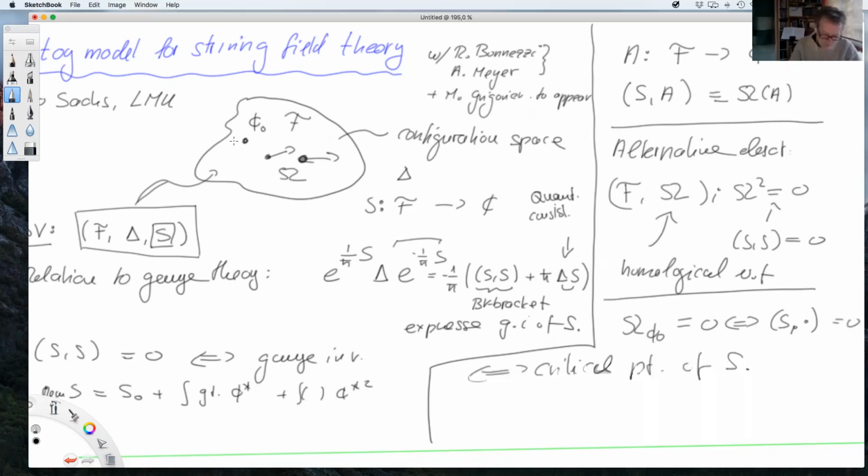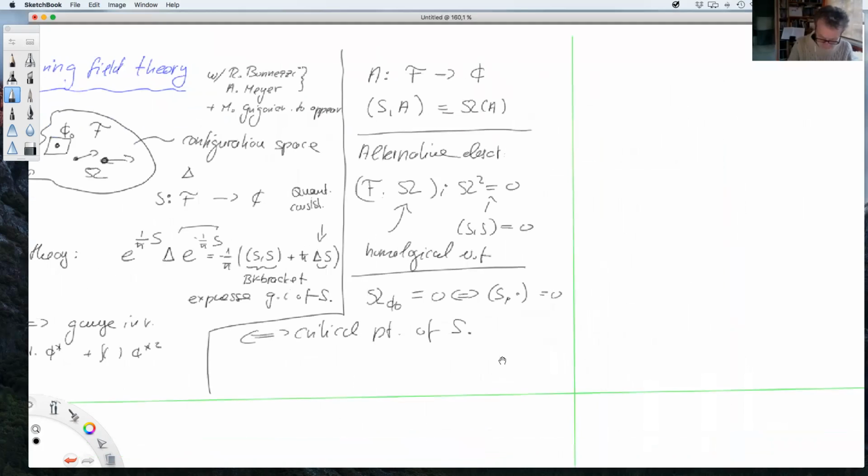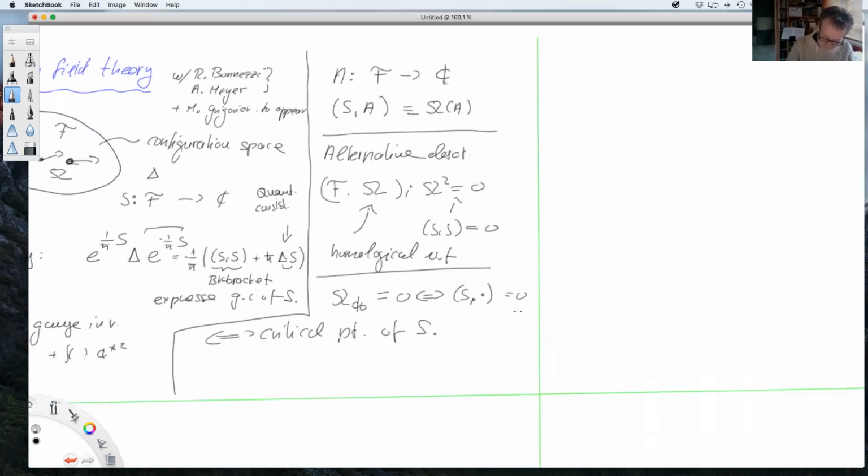Okay, so now what we could do is linearize this theory. I'm going to expand this homological vector field around this critical point. So I expand omega around phi 0, on this critical point.